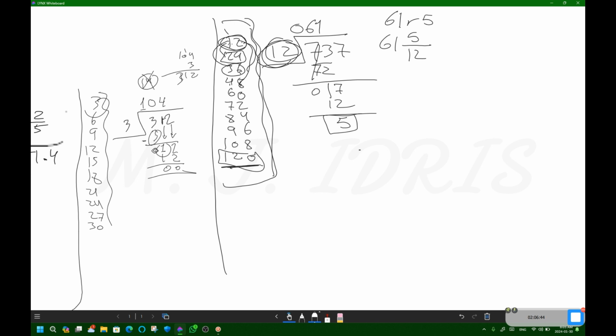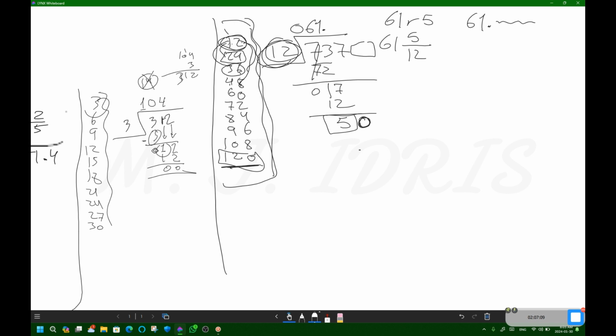Last method is in decimals, using a calculator it gives me 61 point something something. How to get this? We continue with our division here. I don't have any other numbers. As I said before, I'm going to add a 0 from my pocket, which becomes 50, but I'm not allowed to add this 0 unless I put a decimal point here.